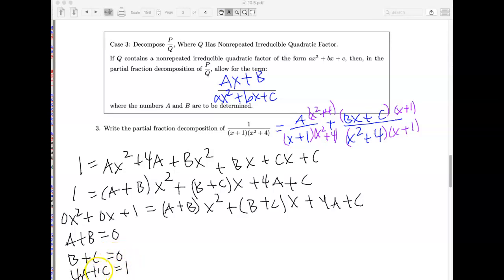And so when we go ahead and solve this, let's see, I think I can cancel out the B's here, right? So I can rewrite this as negative, yeah, let's multiply this by a negative. Alright, so I had a little typo, erased it, so we'll have -B - A equals 0, and then we'll still have B + C equals 0.